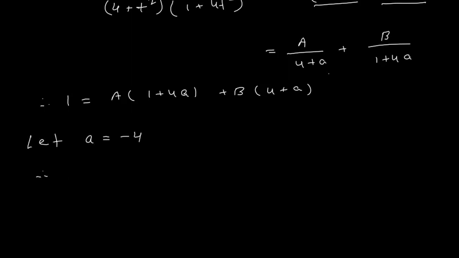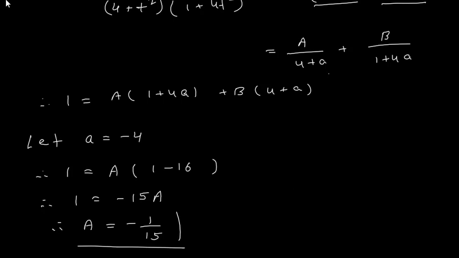Then 1 equals a into (1 minus 4 into 4), sorry, we are putting minus 4, so 4 into minus 4 is minus 16. So I have 1 equal to a into (1 minus 16). Therefore I get 1 equal to minus 15 times a. Therefore a is equal to minus 1 upon 15.